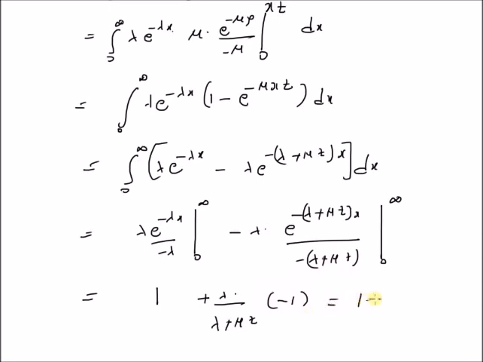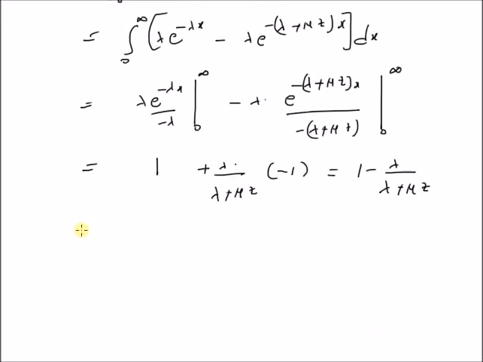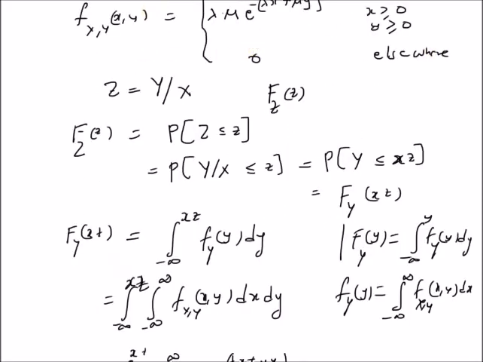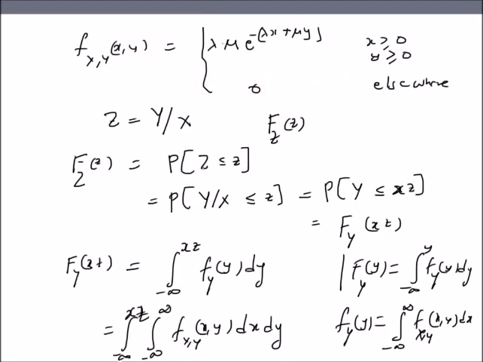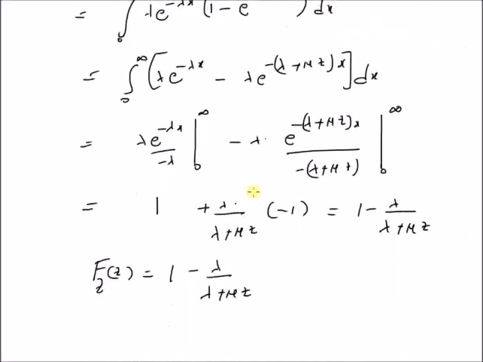Therefore, this is equal to 1 minus lambda by (lambda plus mu z). Hence, the CDF of z, that is F_z of z, is equal to 1 minus lambda by (lambda plus mu z). So basically, given the joint PDF, it is possible to derive the CDF of a derived random variable z, where z is equal to the ratio y by x.